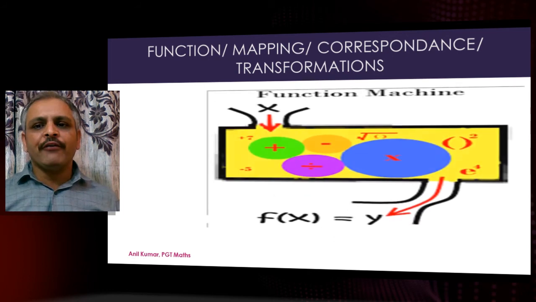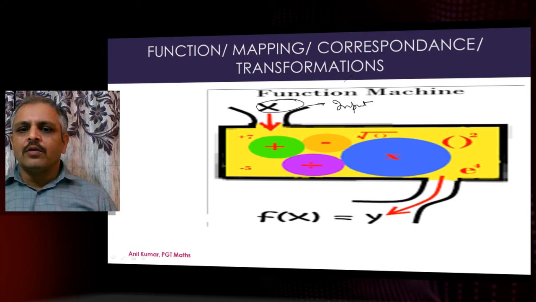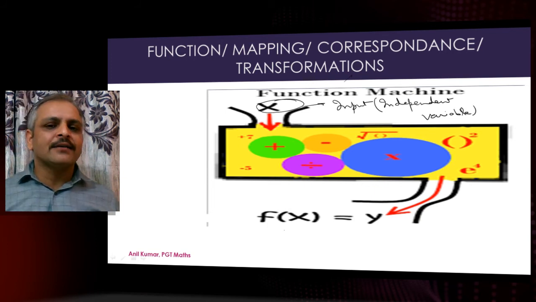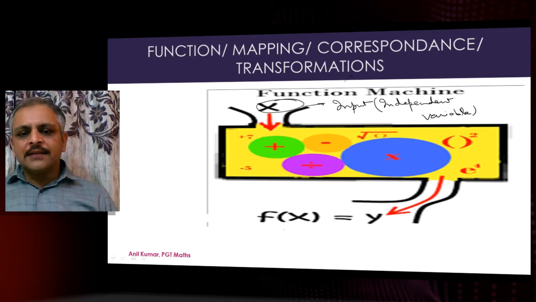So here I made a function machine for you. This x represents the input. Input is always an independent variable. The reason is that we can select the input, it's our choice, so it's an independent variable. And this is the output.